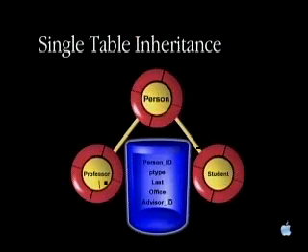A special case of inheritance is what we call single table inheritance. In this case, we make one database table with the union of all the attributes that might be anywhere in this hierarchy. By doing this, we can do a deep fetch by using one select statement against the database table, and then EOF has to figure out, as we're pulling rows back, is this a professor, is this a student, maybe this is a generic person.